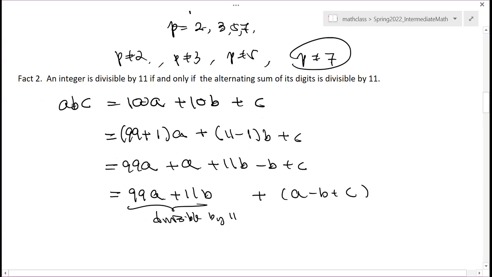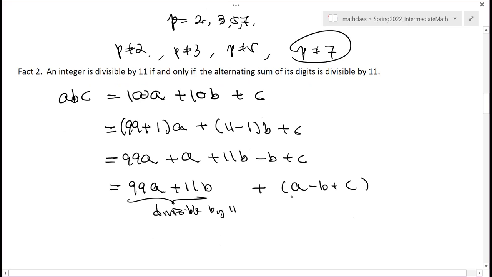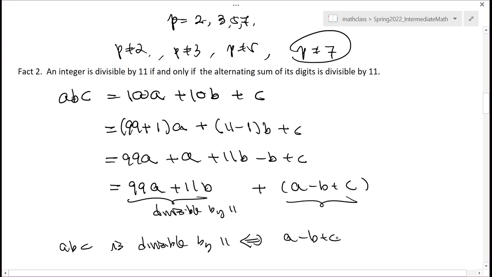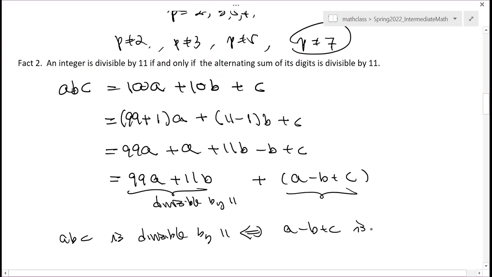So a 3-digit number is divisible by 11 if and only if this alternating sum is divisible by 11, because the first part is divisible by 11. This is true in general, not only for 3-digit numbers. I just gave you a simple proof for this special case.